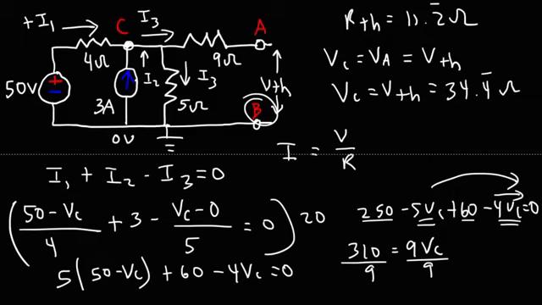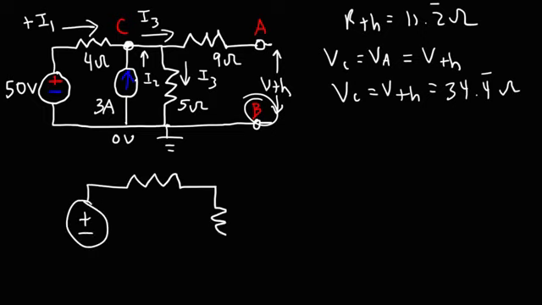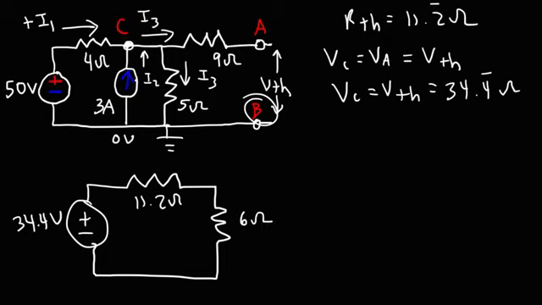So now we can draw the simplified circuit, which looks like this. We have a Thevenin voltage of 34.4, a Thevenin resistance of 11.2, and a load resistance of 6 ohms, which was what I wrote down before.